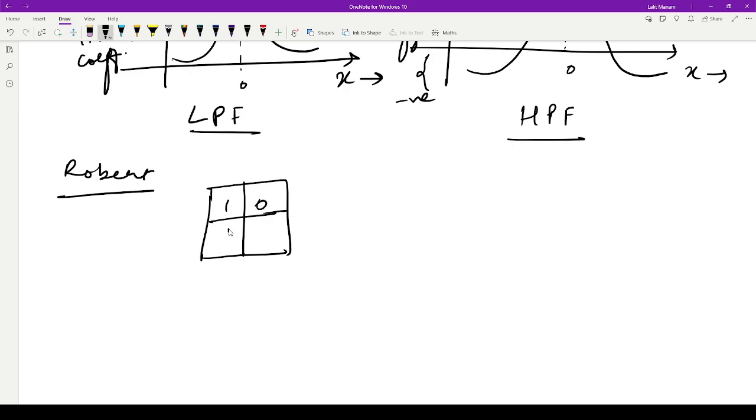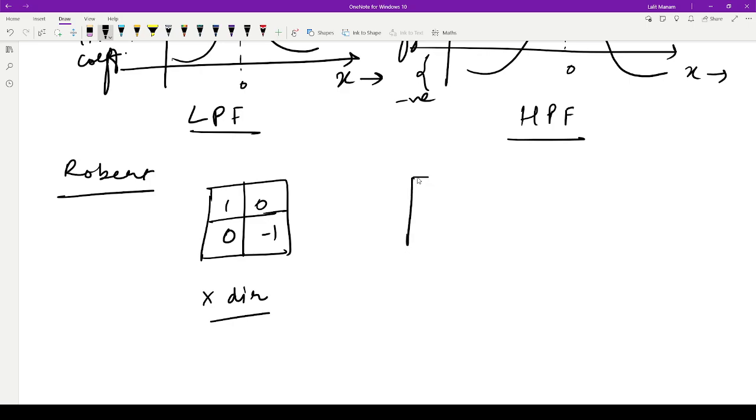Which direction does it belong to? In images you have two directions, right? X and Y direction. So which direction does this filter belong to? X direction. Yeah, as per the convention, it follows the X direction. It's the X direction derivative.